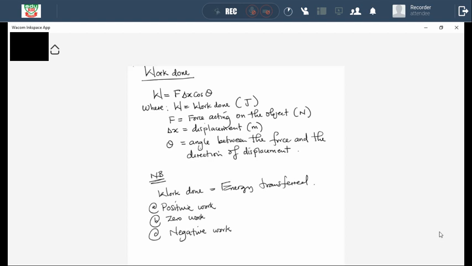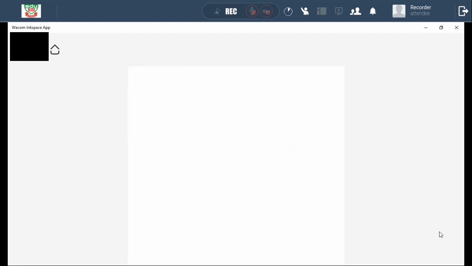So for now, let me calculate one example on work done, and I'm going to show you exactly how we use the formula for calculating work done. Suppose I've got a scenario here. I've got my object. I'm going to draw the diagram quickly.